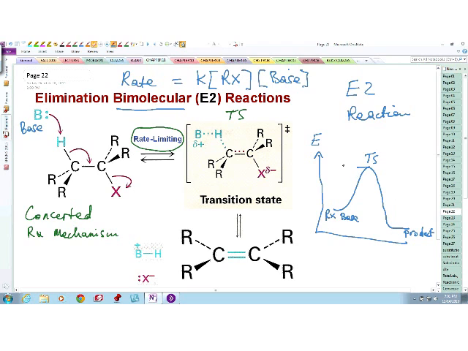Of course, here, the energy difference between the substrate and the transition state, that is your delta G transition state, which is your energy of activation. That is the minimum amount of energy that is needed before this reaction can go. So that is the energy of activation.